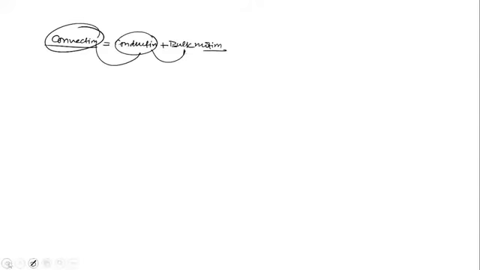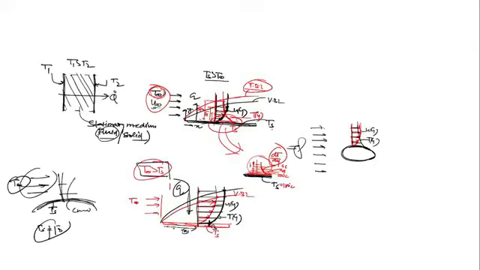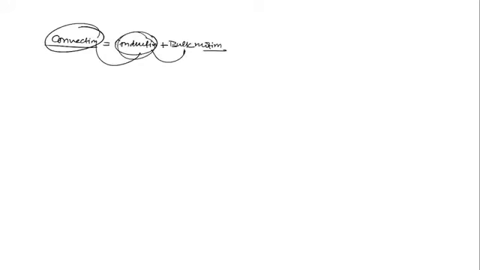If you observe carefully, the definition of conduction I told you is that conduction is the transfer of energy or heat in a stationary medium, and the medium may be either solid or fluid. But this medium must be stationary. That I told you.